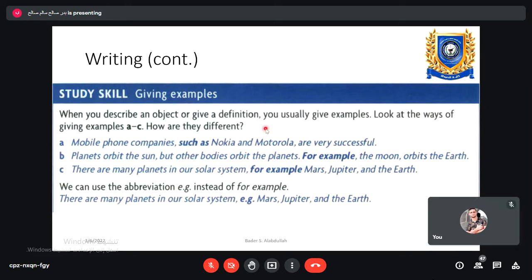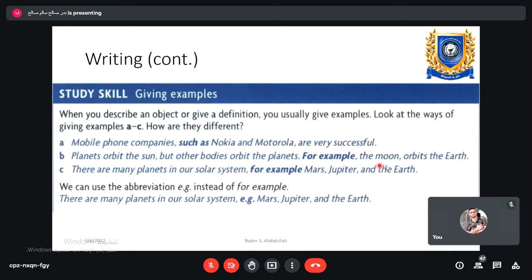Planets orbit the sun, but other bodies orbit the planets. Dot. Here, this is the end of the first sentence. Planets orbit the sun, but other bodies orbit the planets. For example, the moon orbits the earth.